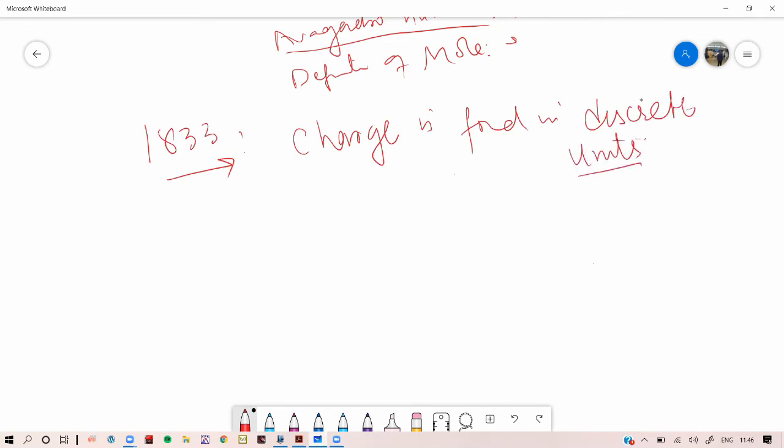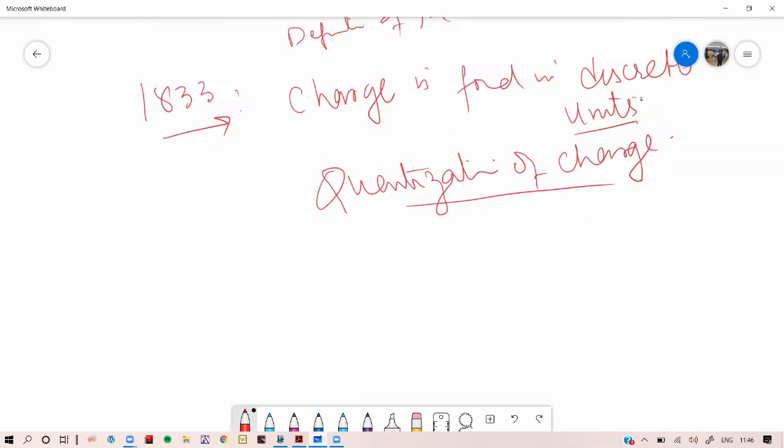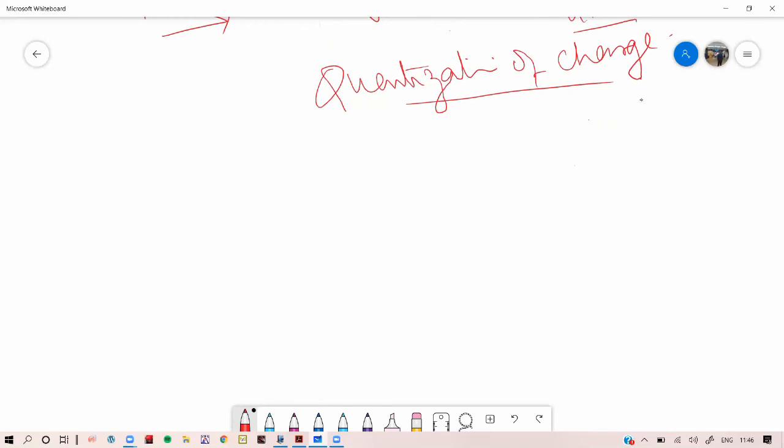So the concept of charge was clear at this time, and this is called quantization of charge. It was already discovered at this point. Later on, in 1895, came the important experiment of J.J. Thomson.